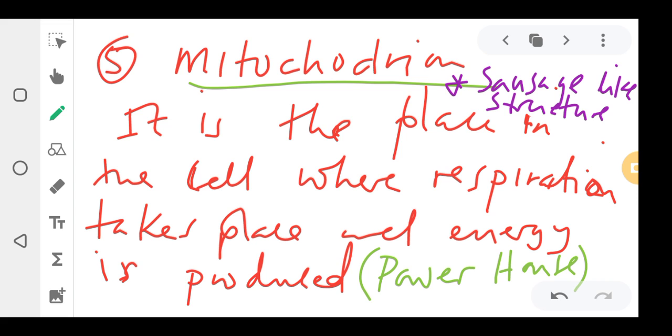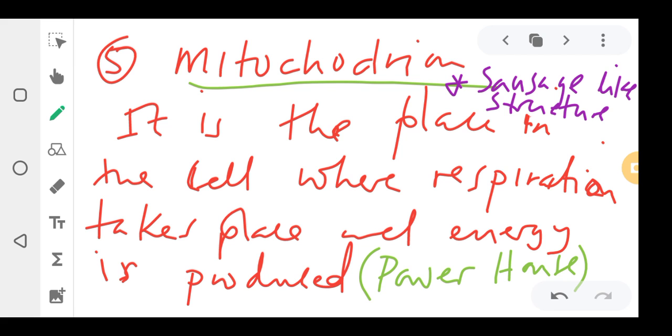So sometimes they can ask you which part in the cell is sausage-like in structure. You should know that it is the mitochondria. They can ask you which part in the cell is referred to as the powerhouse, mitochondria. Which part in the cell is responsible for respiration, mitochondria. Which part in the cell is responsible for producing energy is mitochondria.